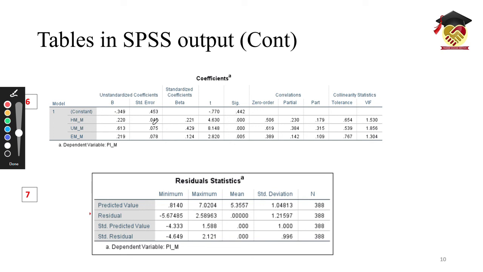These are the beta coefficients. Based on these values, you can conclude that on this data set, the most important factor is UM, that means the financial factor in the Sri Lankan context. The second, 0.220, is HM, the hedonic motive, that means super luxury options, right?